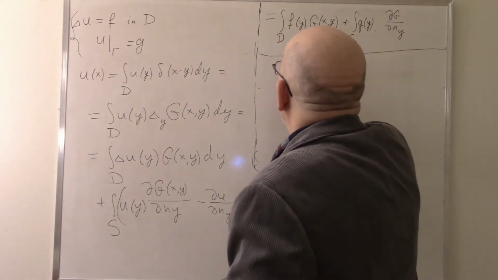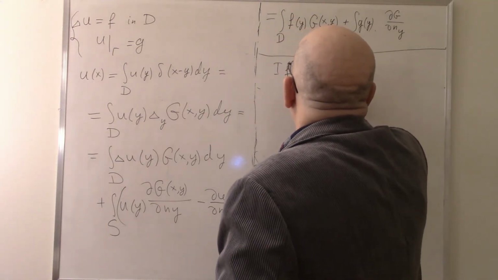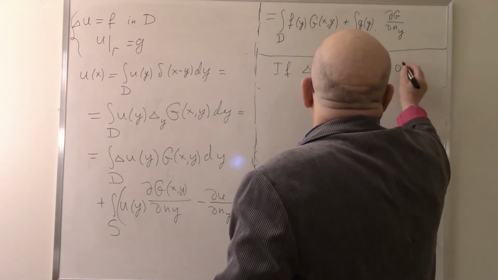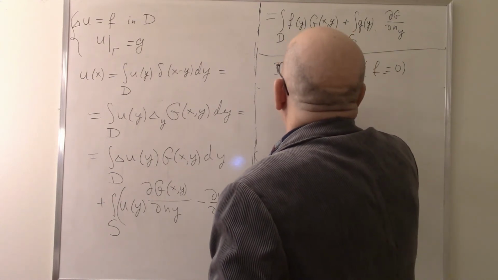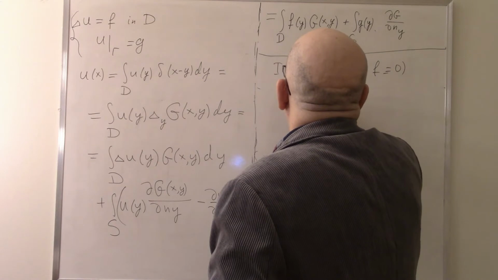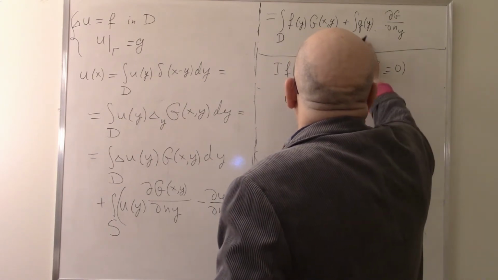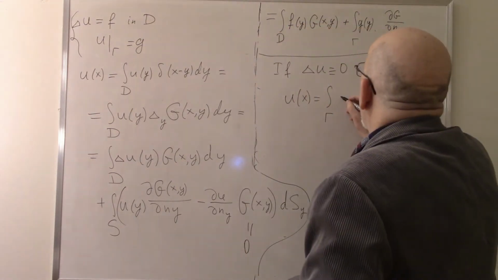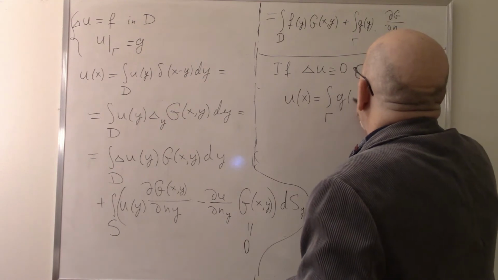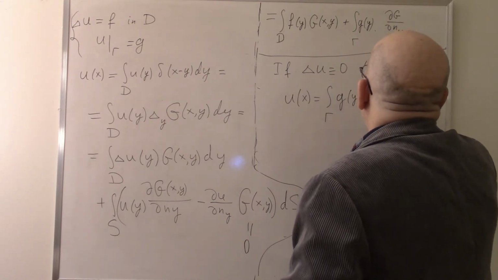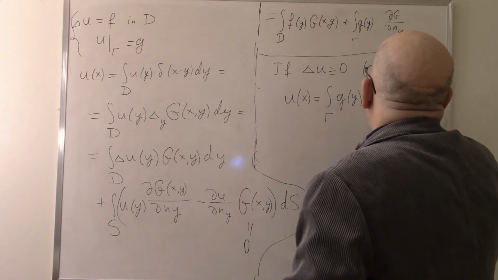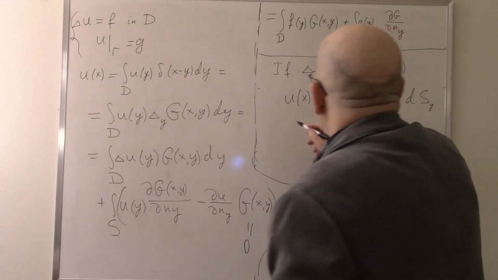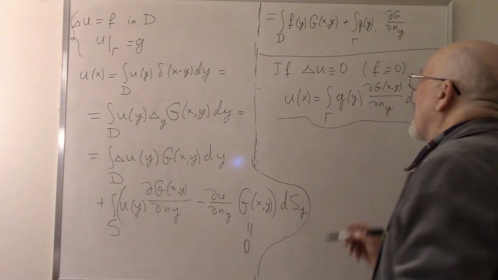First of all, if delta u equals 0, we are solving this equation, that is f equals 0, then the solution is even simpler. u of x equals the integral over gamma, the boundary, of g of y dg of xy over dn_y ds_y. Yes? So this is our formula.